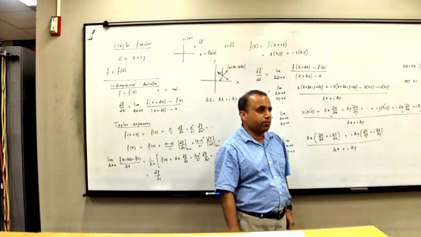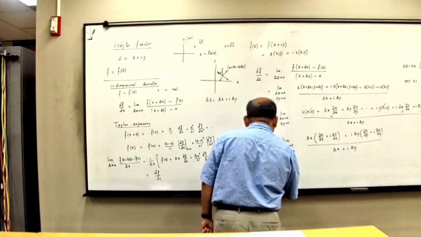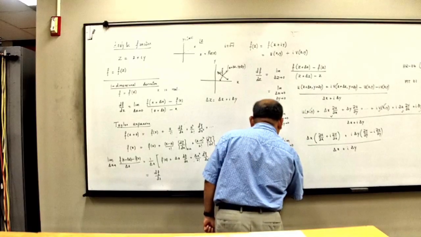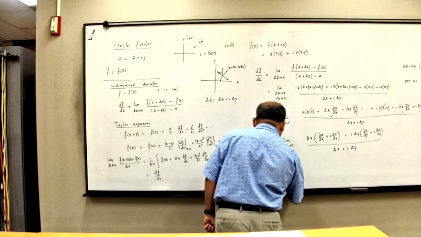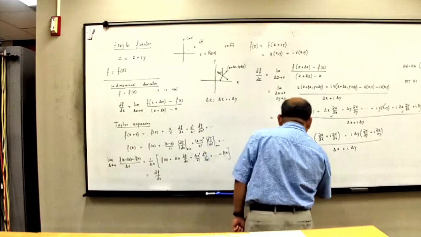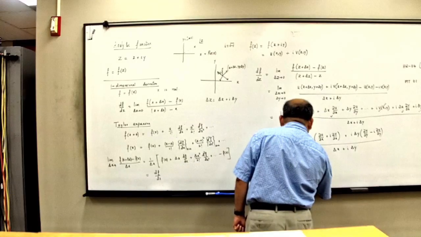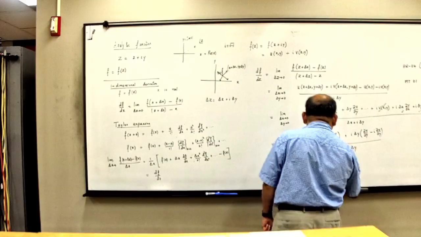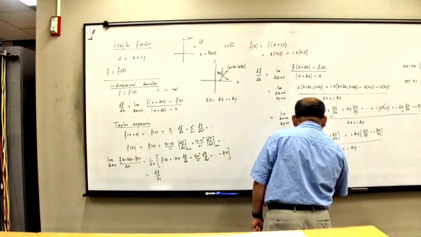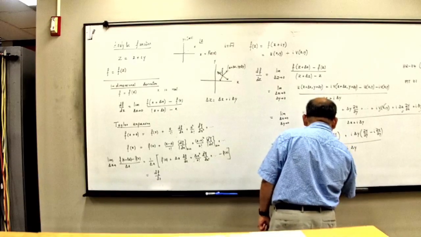Only if they are the same. Right? So this is limit delta x tends to 0, delta y tends to 0. This is equal to delta x plus i delta y times, if they are the same, so how do I write that? Yes, I'll just write one of them, right?